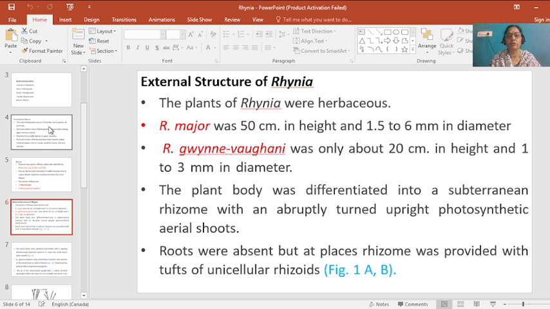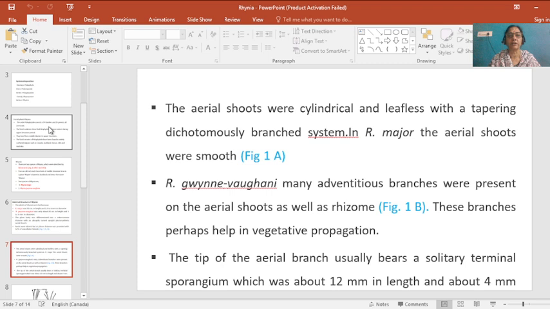The plant body was differentiated into a subterranean rhizome with abruptly turned upright photosynthetic aerial shoots. Roots were absent, but at places the rhizomes were provided with tufts of unicellular rhizoids. The aerial shoots were cylindrical and leafless, with a tapering dichotomously branched system.